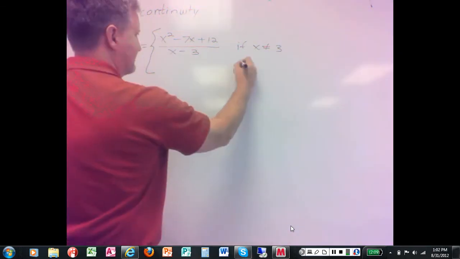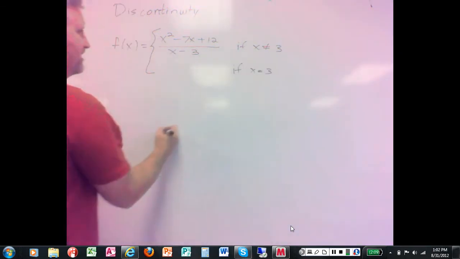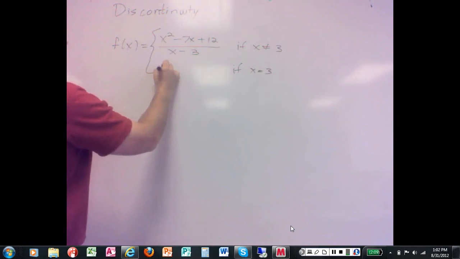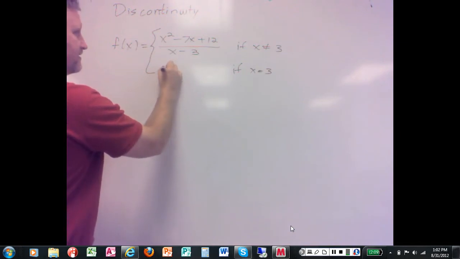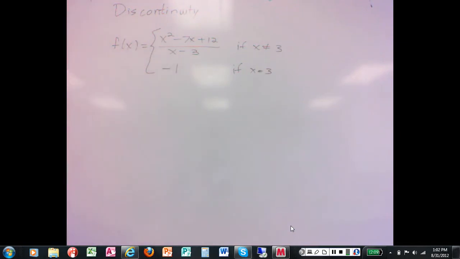If x equals 3, I'm going to say the function value is negative 1. Now, the question is: is there still a discontinuity at 3?